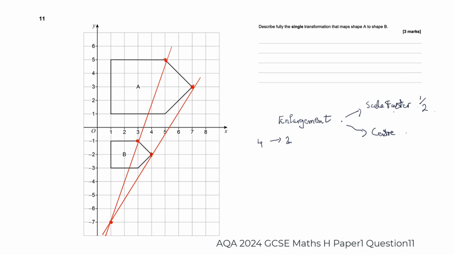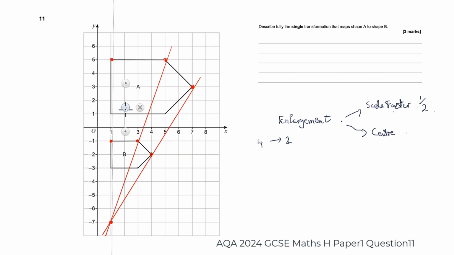Let's take another pair of points just to confirm that. This corner or vertex of shape A corresponds to this vertex of shape B. Now that's an easier one to see where the line goes, because it's a vertical line.